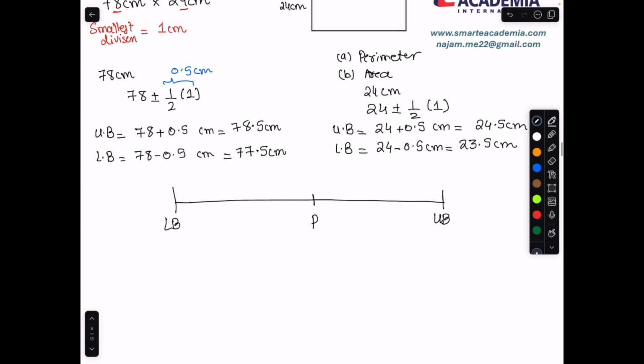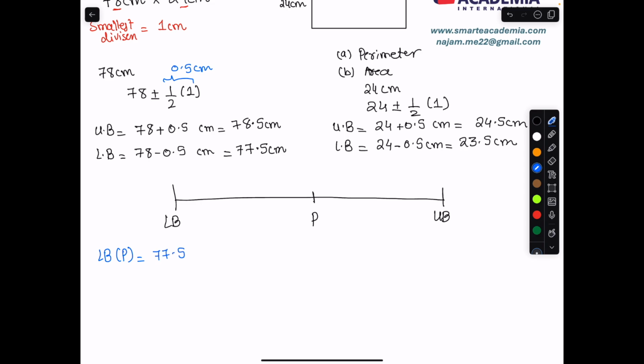All right, so let's try to see the lower bound. We know that the perimeter is basically the sum of all sides. So how do you get the least sum? It's basically by adding the least numbers. So the lower bound of the perimeter will be adding the lower bound of all the sides. Got it? So that would be 77.5 plus 77.5 plus 23.5 plus 23.5, simply adding the lower bounds.